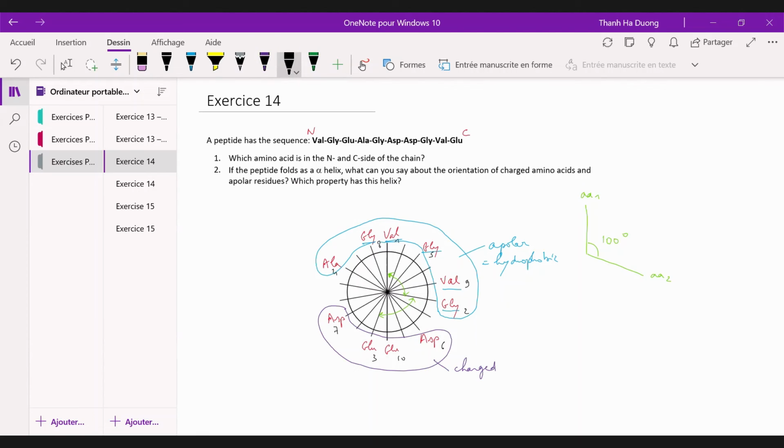Maybe you don't remember that, but amphiphilic? Yes, correct. It's amphiphilic, or amphipathic as you want.